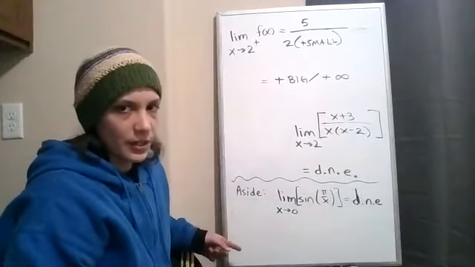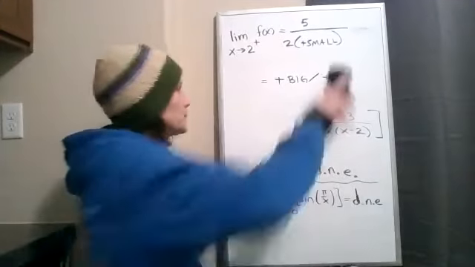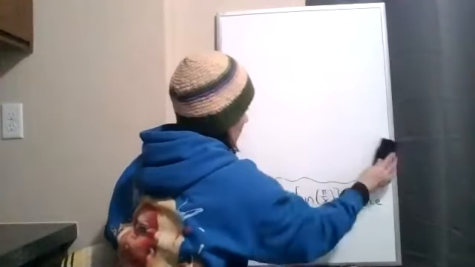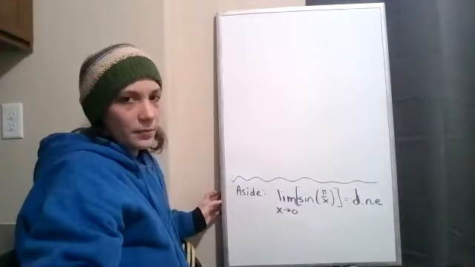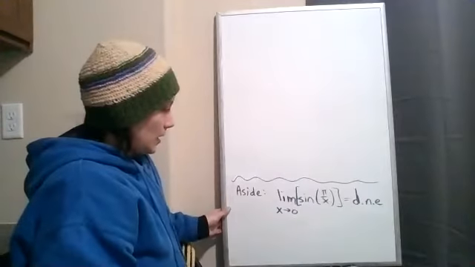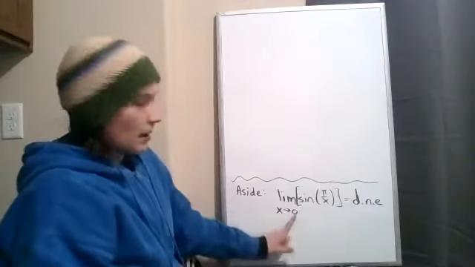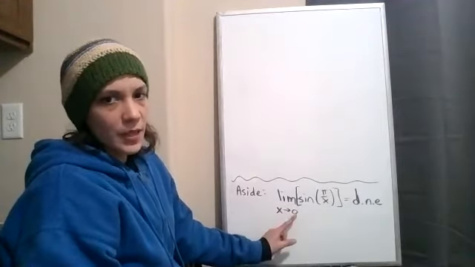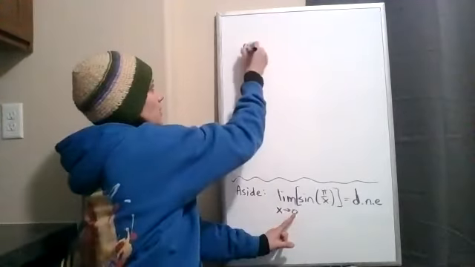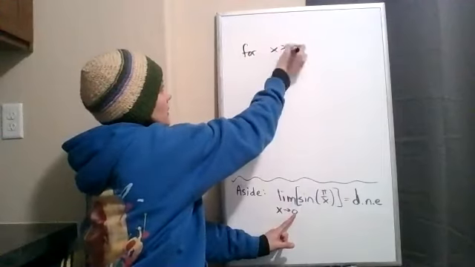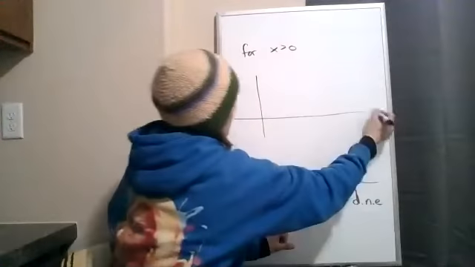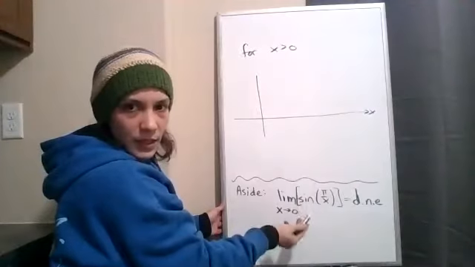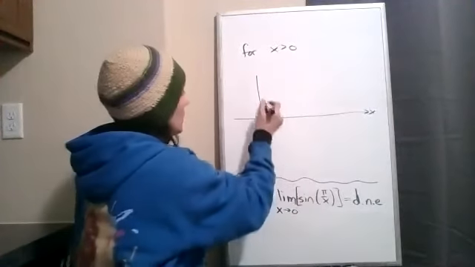We'll just draw a graph. I'm going to just consider the right side. It's kind of the same on the left side, but for the right side, for x greater than 0. Sine oscillates between -1 and 1.